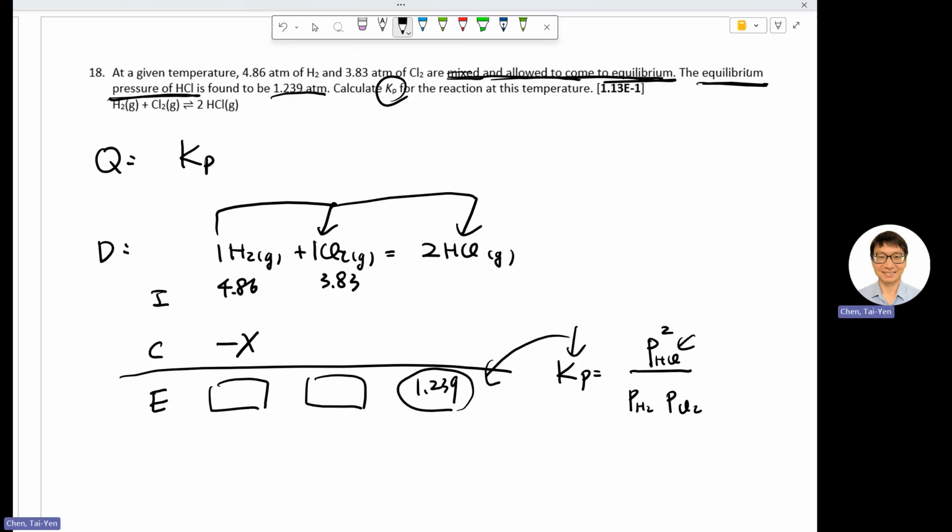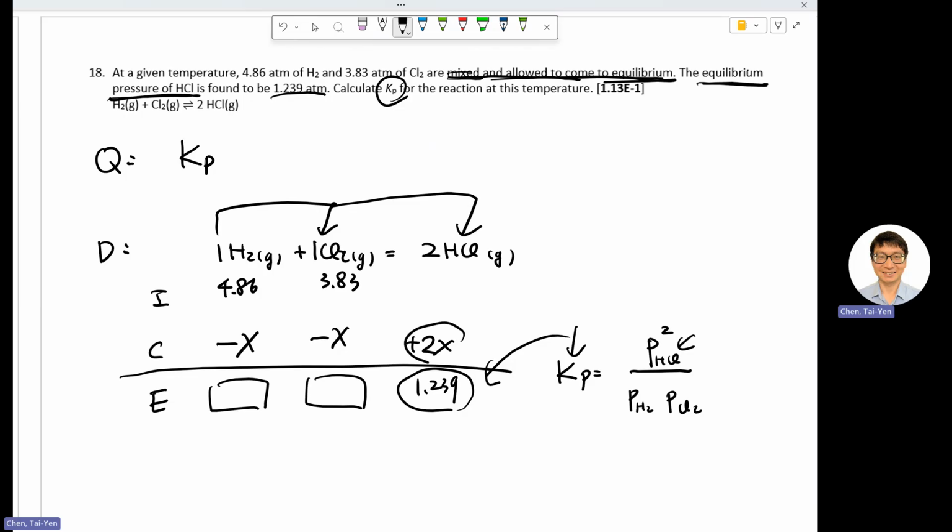Okay, so if H2 is going to consume X, then your Cl2 needs to consume the same amount because their coefficient ratio is 1 to 1. Okay. And then you're going to form some product, and that product is going to be 2x, right? Because in reference to your H2, where you consume X, the coefficient ratio is 2 to 1, meaning you consume one reactant, you produce two products.